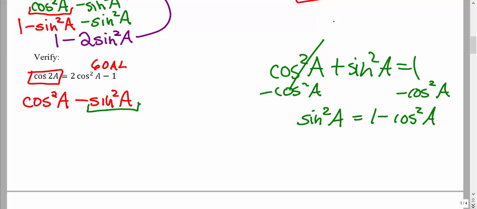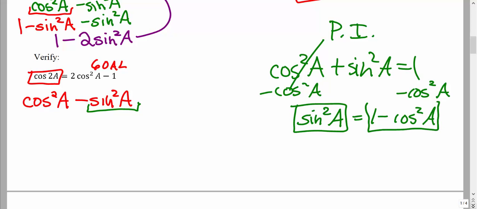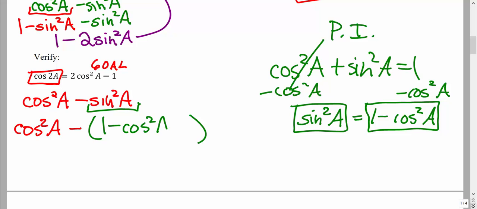Sine squared A is exactly the same thing as 1 minus cosine squared A. So we bring down the first cosine squared A, minus, and then behind that minus sign, we replace sine squared A with 1 minus cosine squared A.